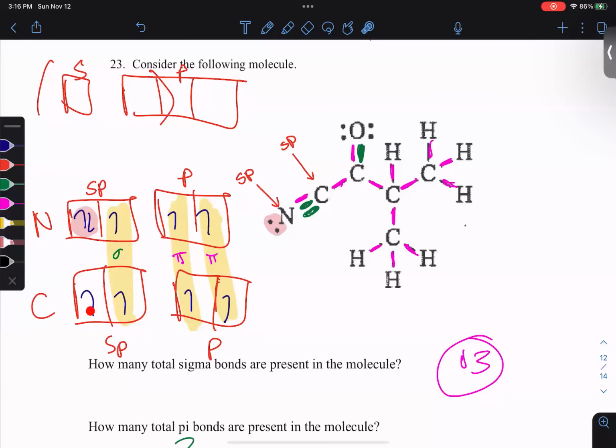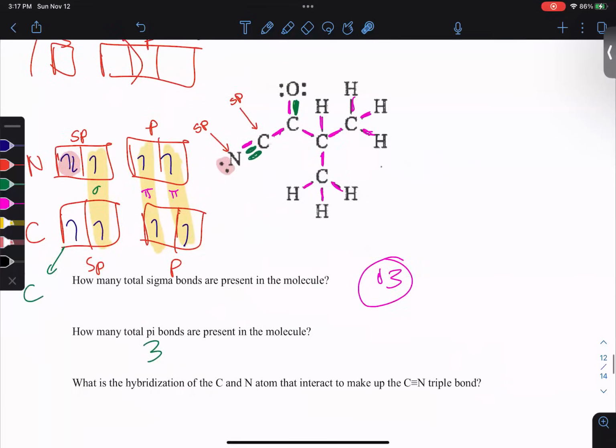What's this electron doing? It's making a sigma bond, but a sigma bond with what? The carbon on the other side. So here is one sigma bond with nitrogen, and then this carbon has another sigma bond with the carbon that's next door. All right, and that's how we inventory every single electron in this valence bond picture.